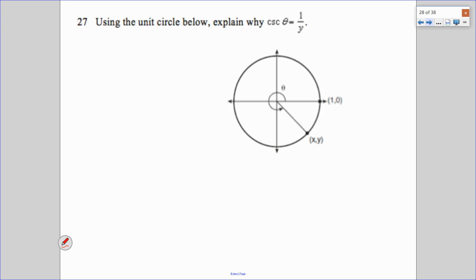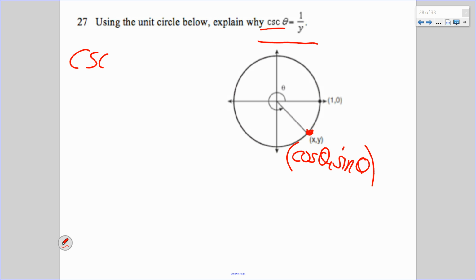Unit circle, everybody's favorite. The one thing you need to know with the unit circle is that any point on the unit circle is cosine of theta, comma, sine of theta. There's no math here to explain why. You also need to know that cosecant of theta is the reciprocal of sine. Those are the 2 concepts you have to know. So cosecant theta is 1 over y.